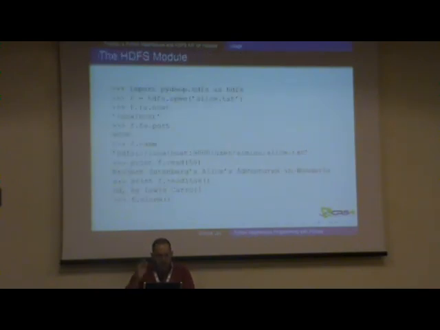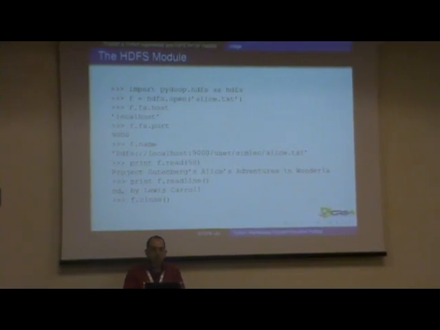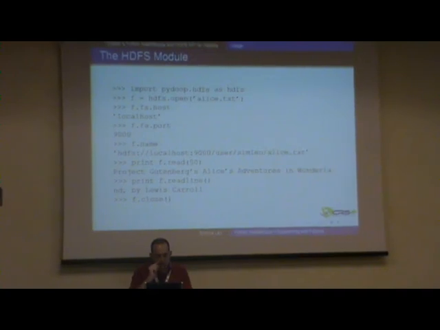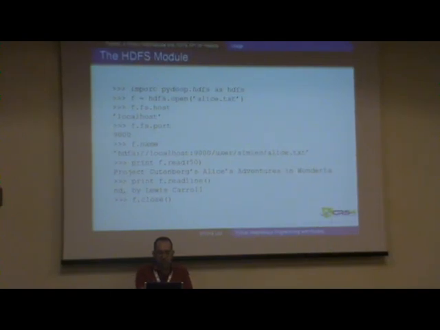Okay, this is an example of usage for the HDFS module. As I said, we tried to make it as similar as possible to ordinary Python file objects. There is also some additional information. A file holds a reference to its file system, which in turn also holds a reference to the hostname and port.